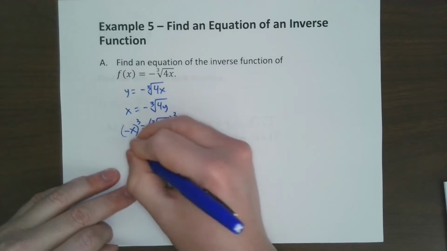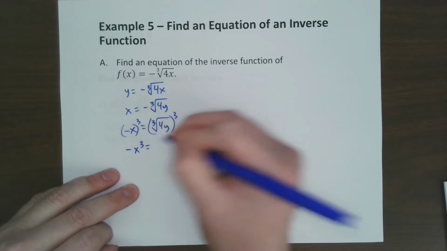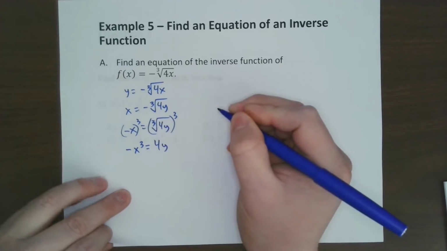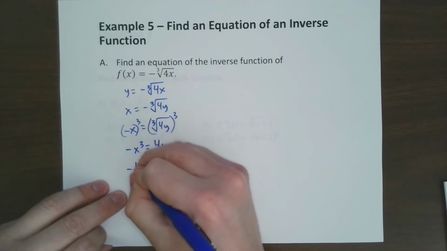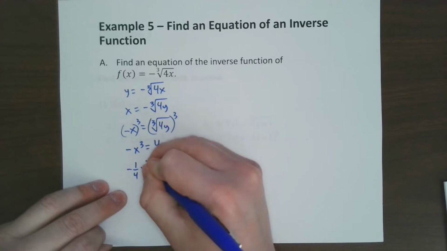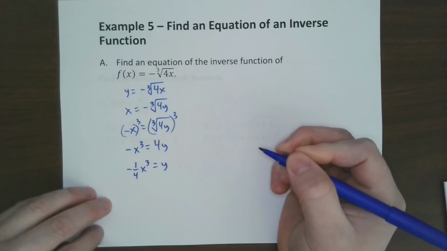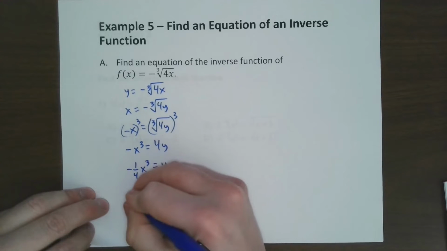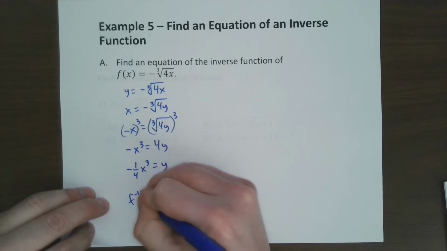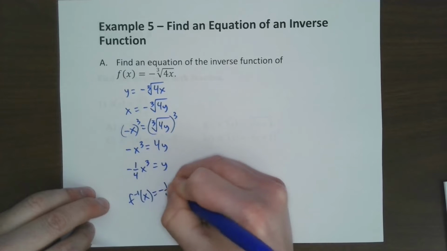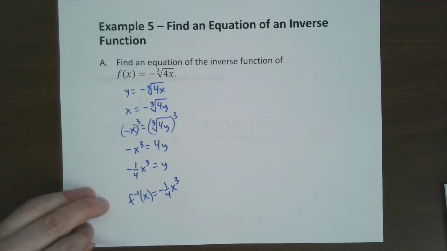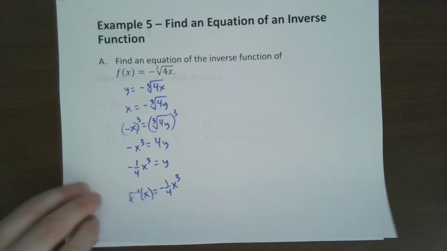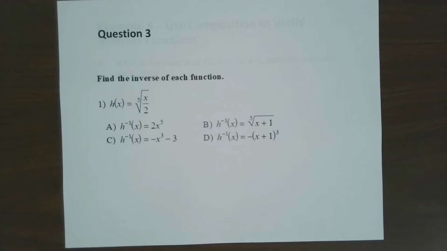So cube over negative is just negative. Divide by 4. I'm going to write it as a fraction, just because it looks cleaner. And now we just rewrite. So f to the -1 of x equals -1/4 x cubed. Go ahead and try this problem.